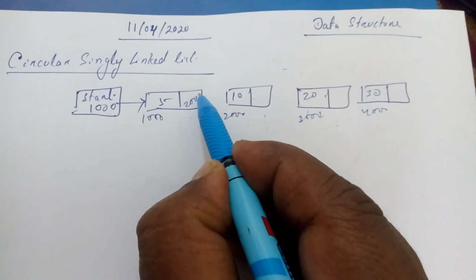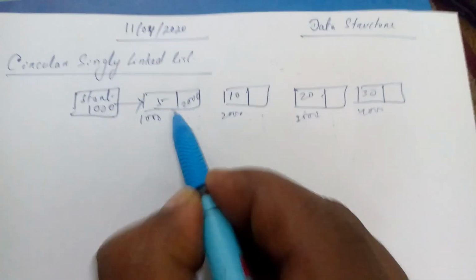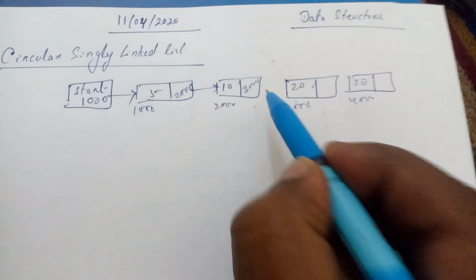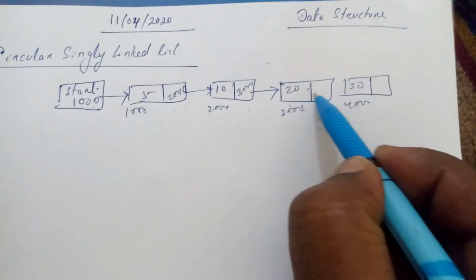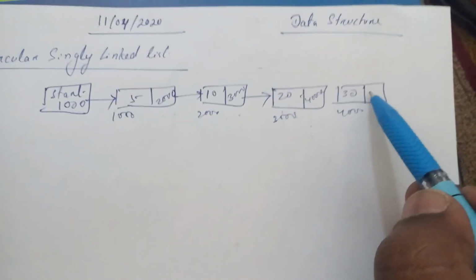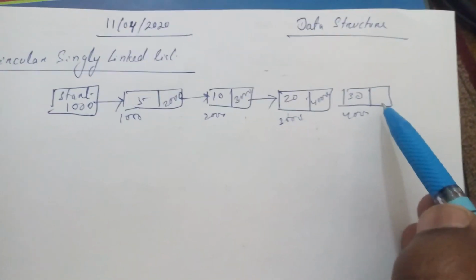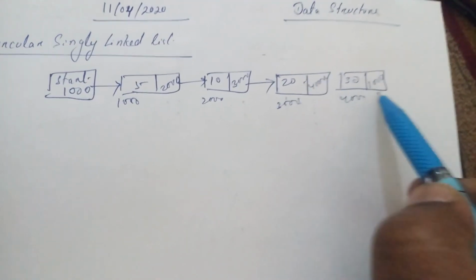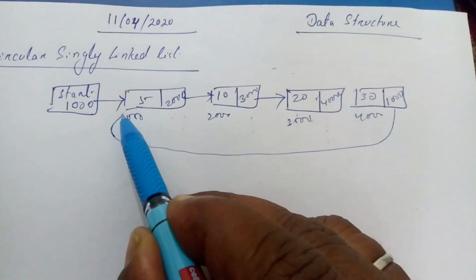The first node contains the address of the second node, the second has the address of the third node, and the third node has the address of the fourth node. In a single linked list, the last node contains a null value, but in a circular linked list, it contains the address of the first node. That means it points to the first node.